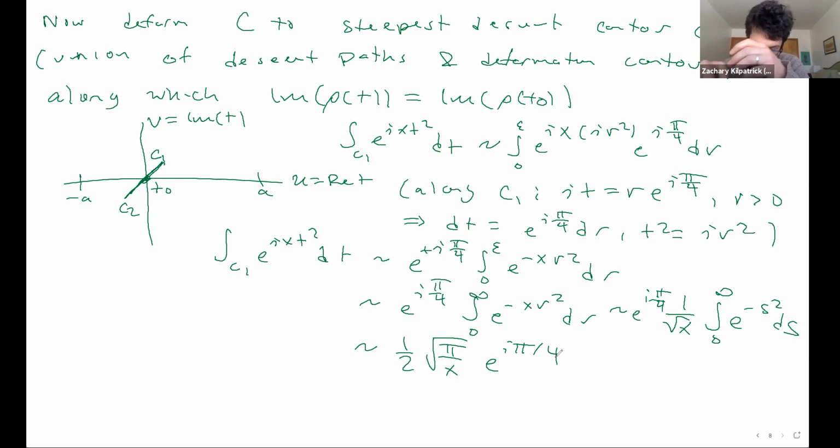Okay, so that gave us our steepest descent directions. We chose contours that lived along those steepest descent contours. And then we're just now computing the value of those integrals, okay?